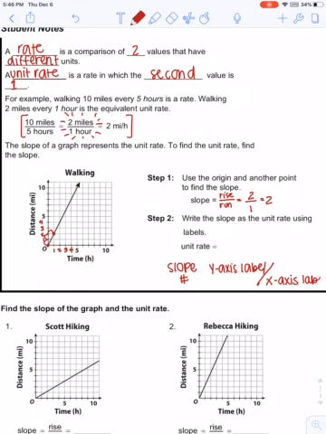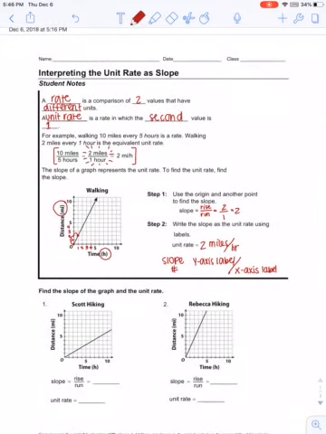In this case, that's going to look like 2. Our y-axis is miles, so 2 miles per, meaning the slash, and then our time, or per hour. So 2 miles per hour would be our slope as a unit rate. And that's really what we're focused on today with these notes.